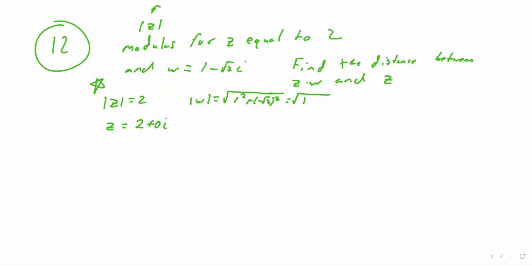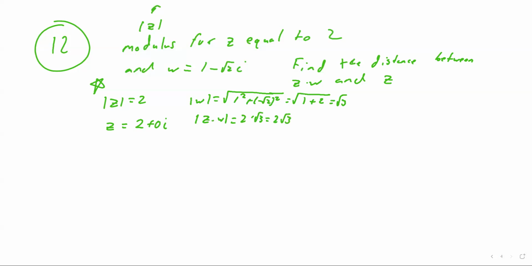What's 2 squared? 4. 1 plus 4 gives you 5. So now I could calculate Z times W, which would just be 2 times the square root of that, which is just 2 roots because you can't really do anything with it.